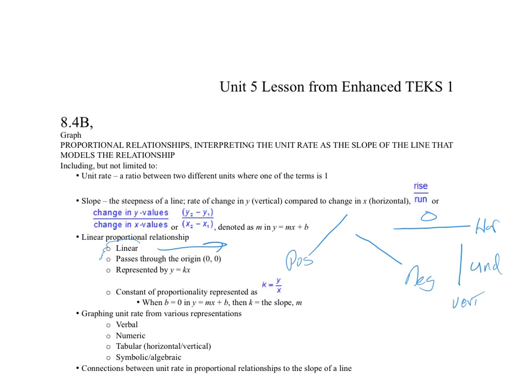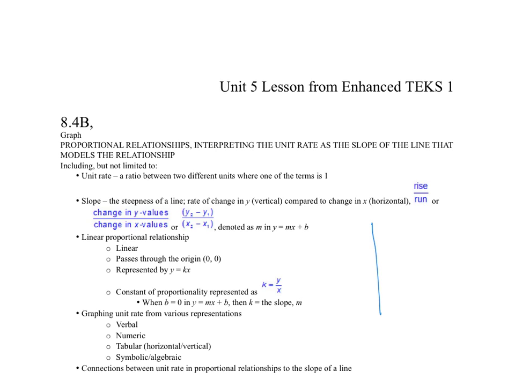We want to know that when a linear relationship is proportional, and let me show you two ways, and I definitely want you to understand this, we can look at it from the standpoint of a graph, and that just means that the line is going to go through the origin.